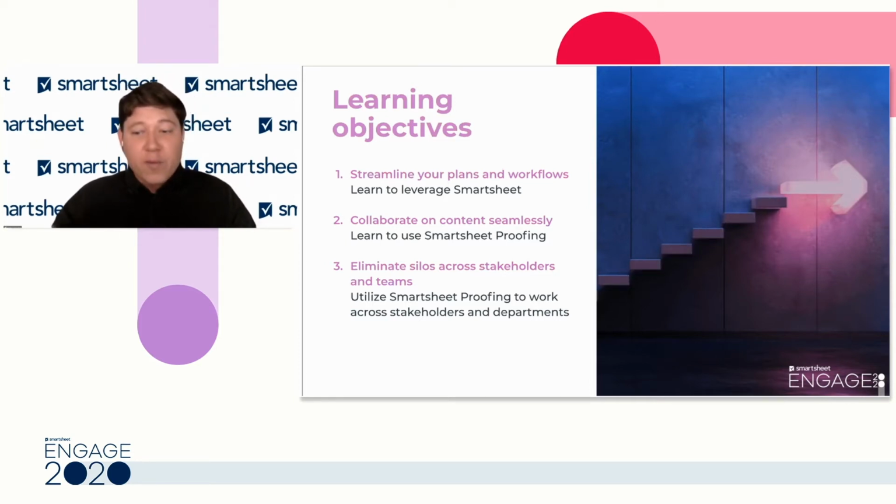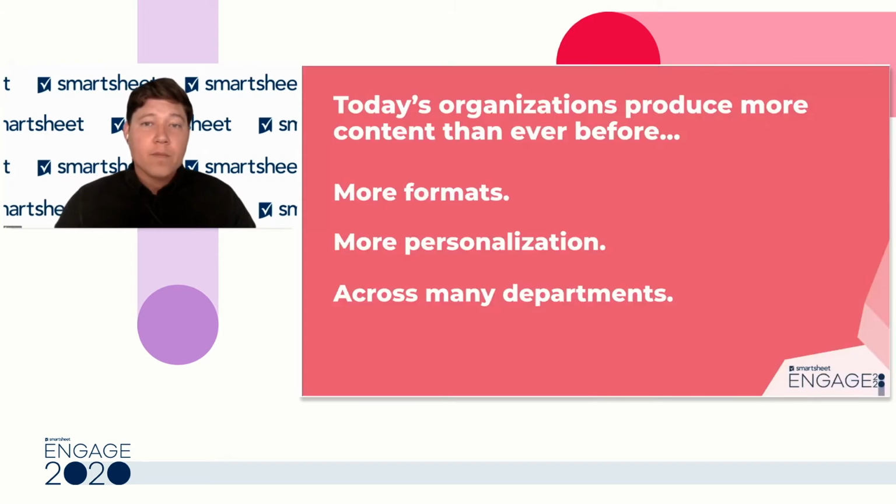But to start with, before we go into a demo, I'm going to talk a little bit about why organizations now are producing so much content and why it can be so effective for them to achieve their business goals. As you've probably seen, content is exploding. There's more content than ever being produced, and this is true for organizations.